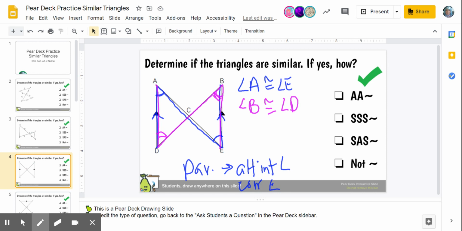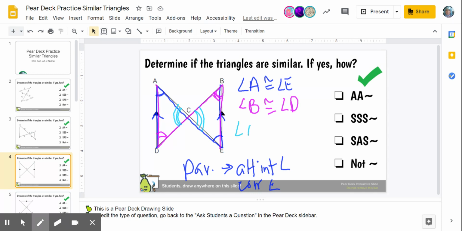So, ha! Is there another set of angles that I can mark? Can I always mark vertical angles? Yes, I can always mark vertical angles.